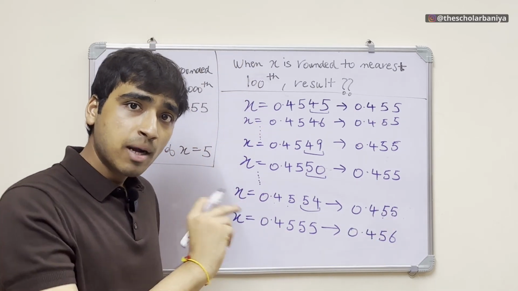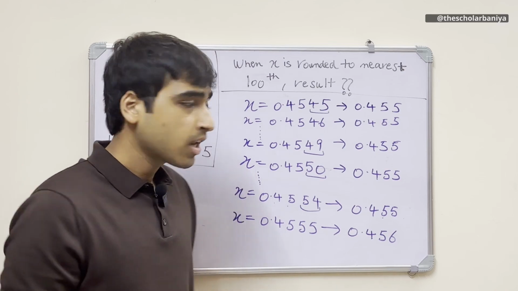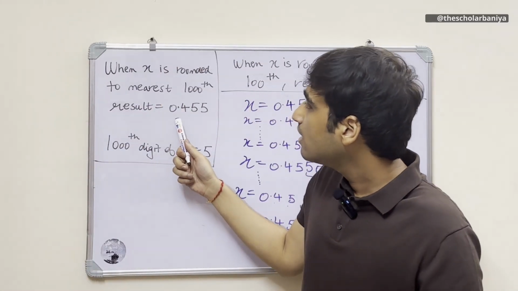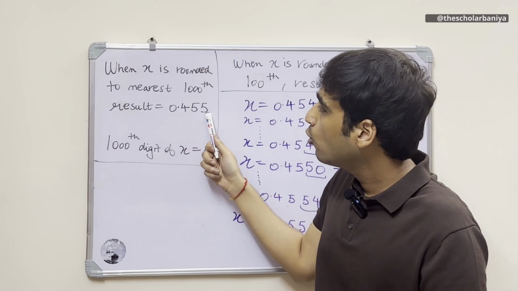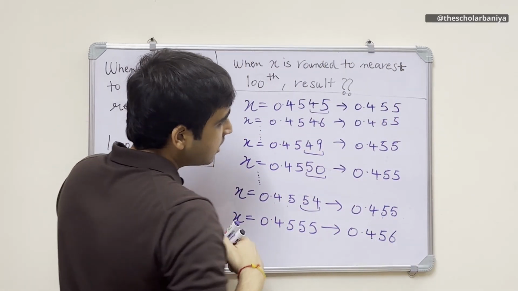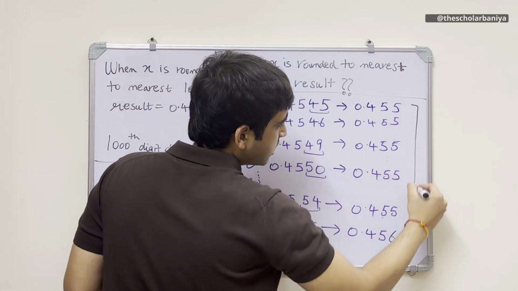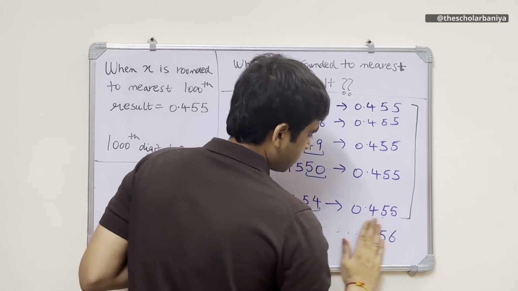But as soon as it becomes 55, then after rounding this off, we will get 6. But we are given in the question that the nearest thousandth is 0.455. That means these are the possible cases, and this is not a possible case.